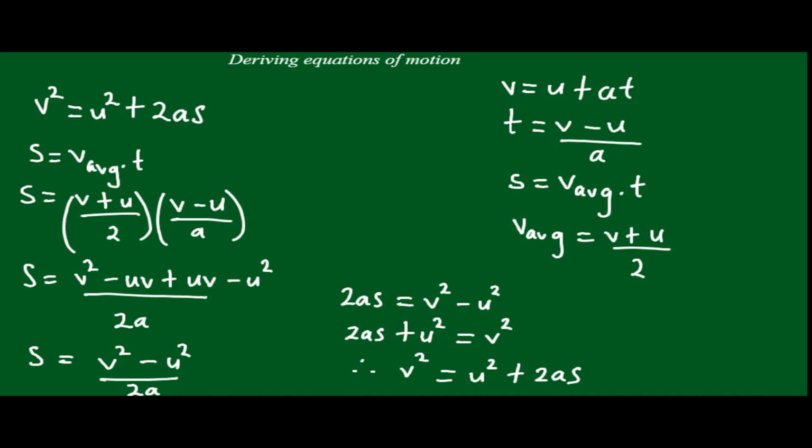And we know that the displacement, which is the distance traveled in a specified direction, is given by the formula s is equal to average velocity by time. And then the average velocity, from the principles of averages, is the sum of the initial and final velocities over 2. So basically that's how we derive this equation.